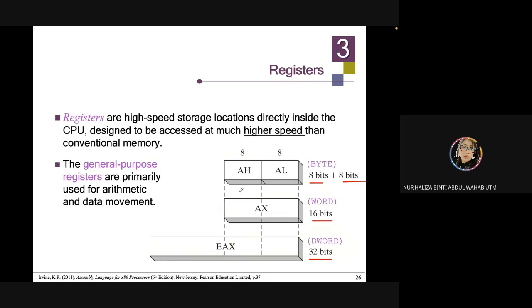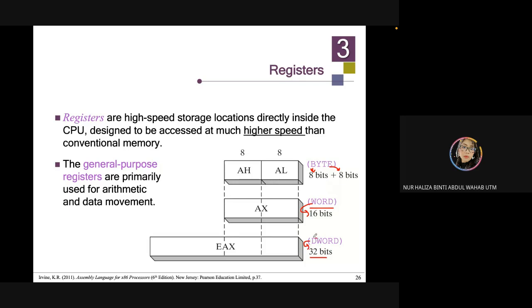In terms of bits, if you convert 16 bits, you get 2 bytes, 1 byte and 1 byte. And 16 bits equal 1 word, and 32 bits equal a double word. This is what I already mentioned. It's very important for you to remember bit, nibble, byte, word.